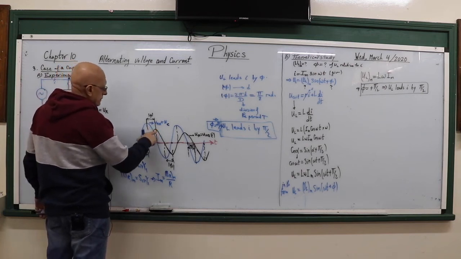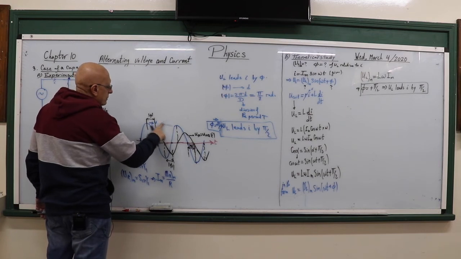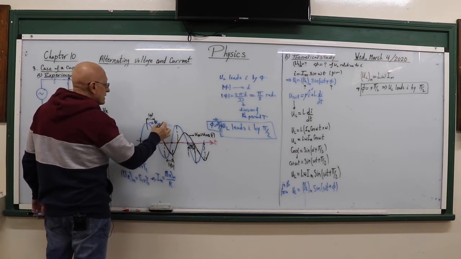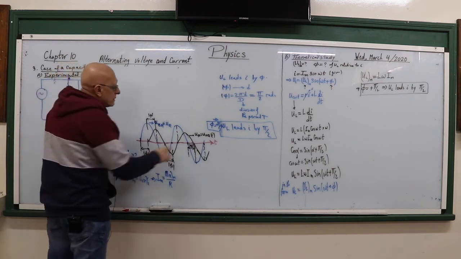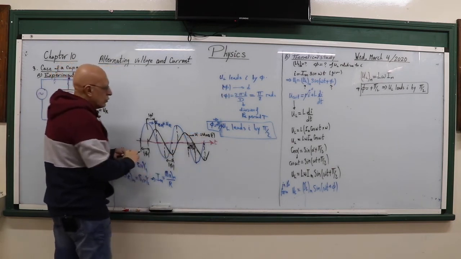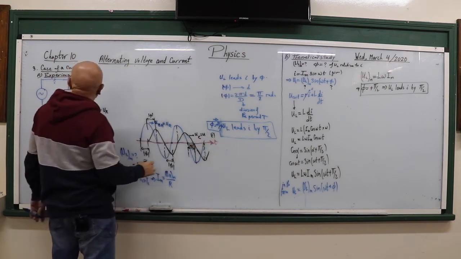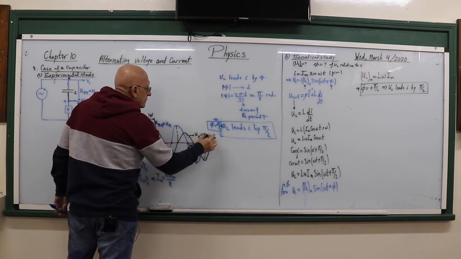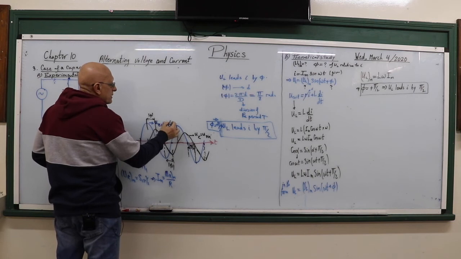Sorry, I am going to change them. So this one will be UBM, which is equal to UR, and the black one will be UC, which is equal to UAM, and now UR represents I.